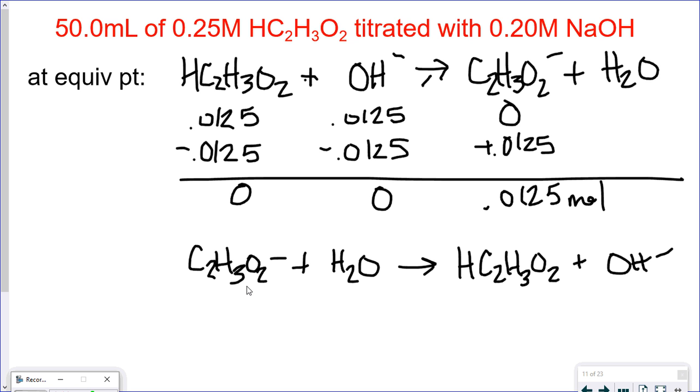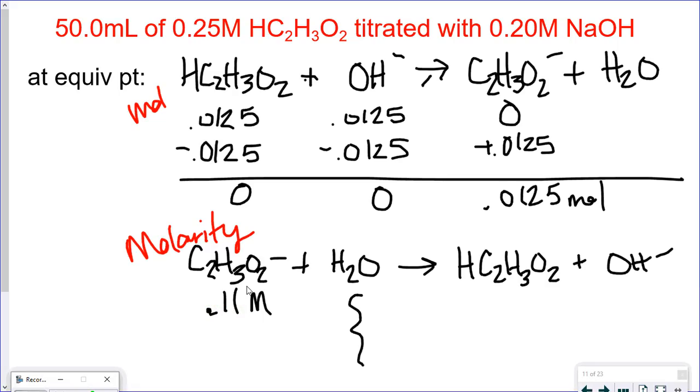Our second ice table will be utilizing molarity. So that's something that's going to be slightly different between these factors. In terms of molarity, because our overall volume is the 50 milliliters of the acid and the 63 milliliters of our base at the equivalence point, our molarity is the 0.0125 moles over that total volume. So it will give us a molarity of 0.11 molar.